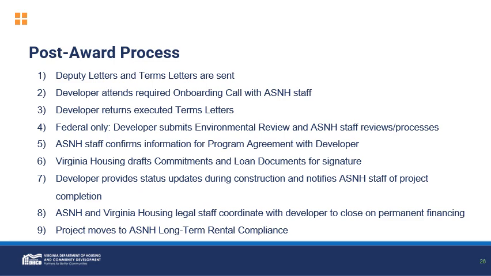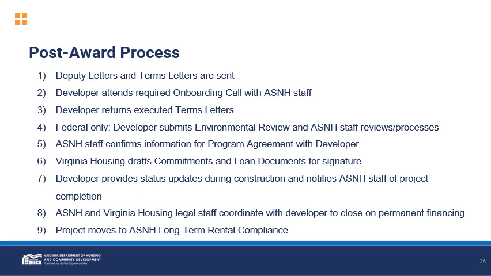We then confirm the information that will be needed for the program agreement with the developer. It usually requires additional conversation. After that, we send loan information over to Virginia Housing, where they draft the commitments and loan documents for signature.